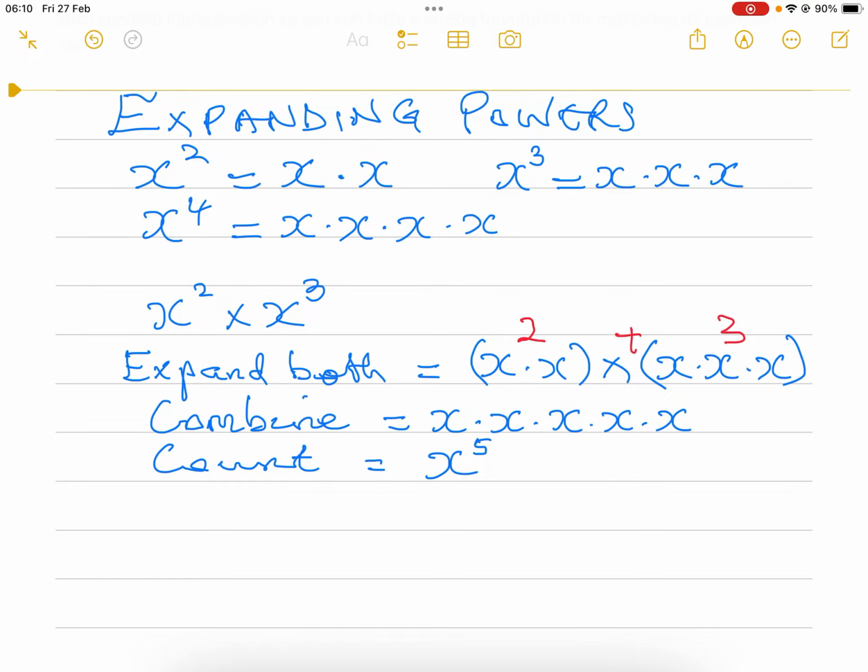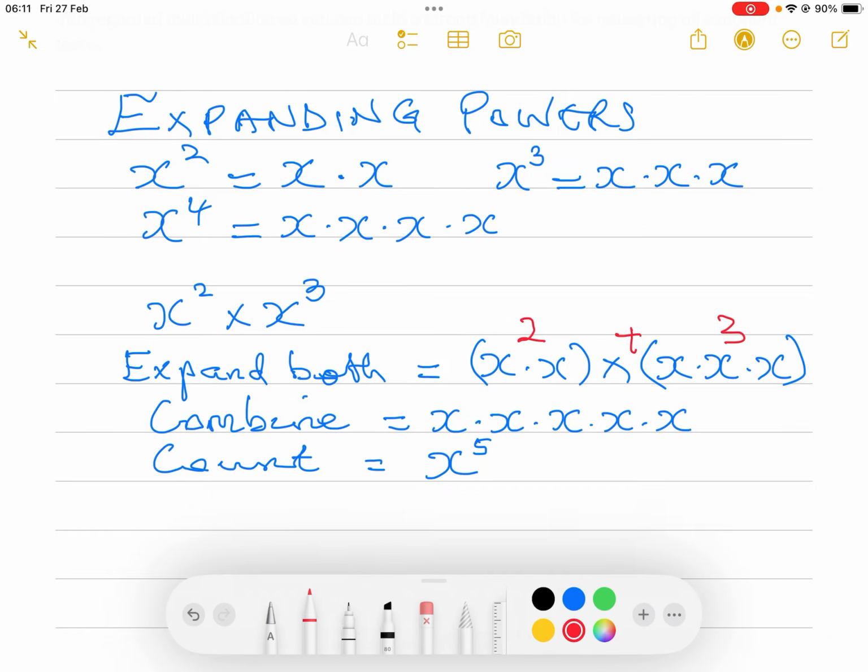This one is 2, this one is 3, 2 plus 3 equal to 5. Let that sink in properly.